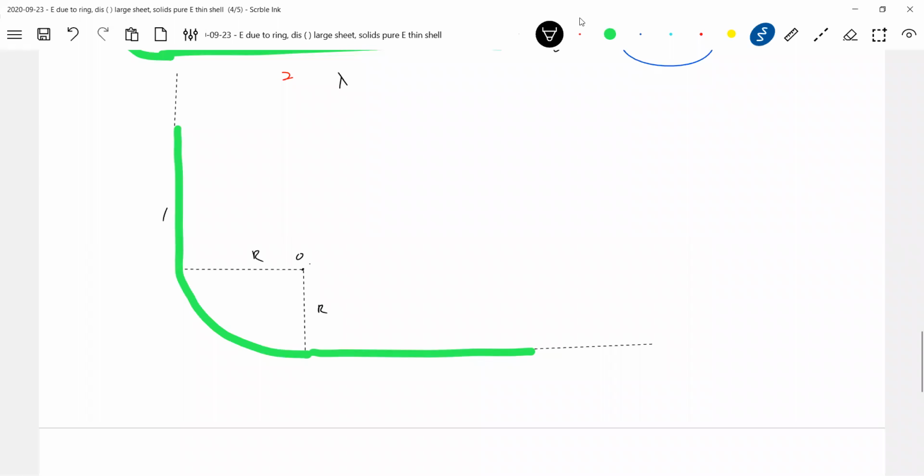You have to calculate the field strength. There's a long wire. The long wire, I'll bend it. So now I want the field strength at point O.